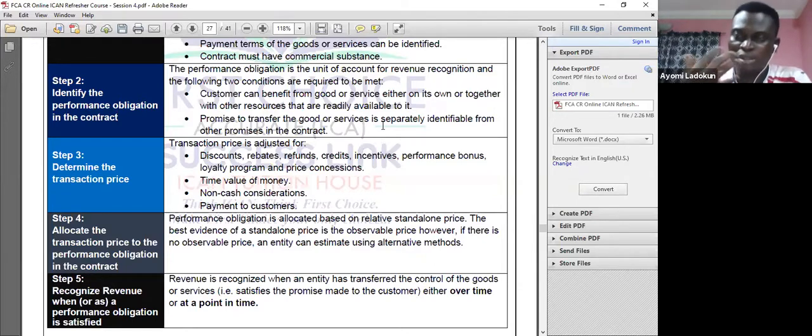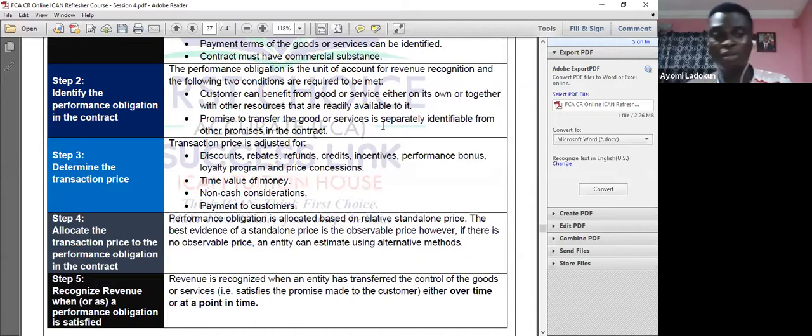When you sell goods, it's quite straightforward. When you sell goods instantly, for example, you enter into a pharmacy and you buy a drug, the pharmacist, if there's no other condition, can go ahead and recognize revenue straight up. So that means step 1, step 2, step 3 is not even there. You just recognize revenue immediately.